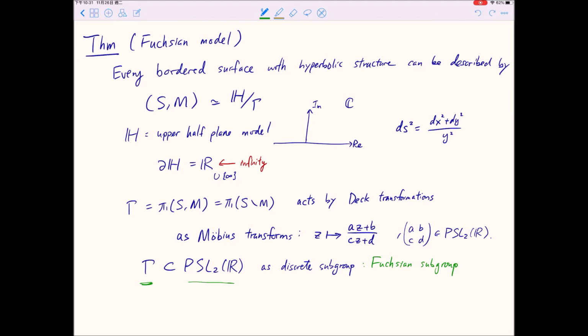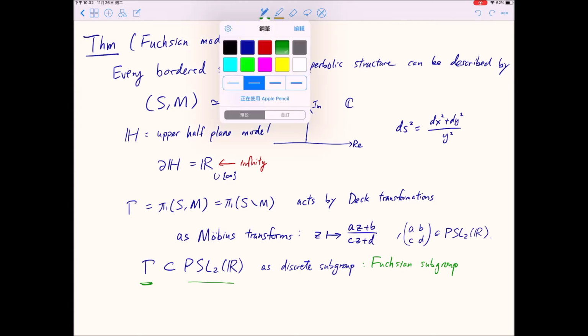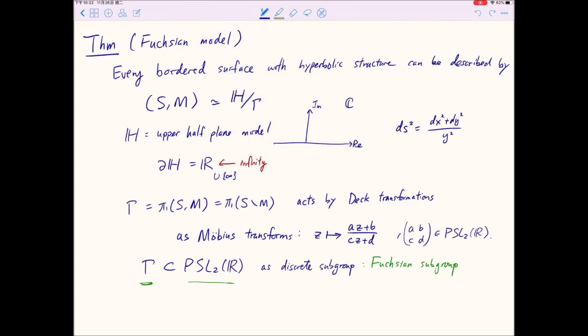So usually people talk about the uniformization for surfaces without punctures. So if you have punctures in your surface, just like this more general case, then we also require that this gamma, as a discrete subgroup of PSL2R, also have the condition that non-trivial loops around punctures will act by parabolic elements.